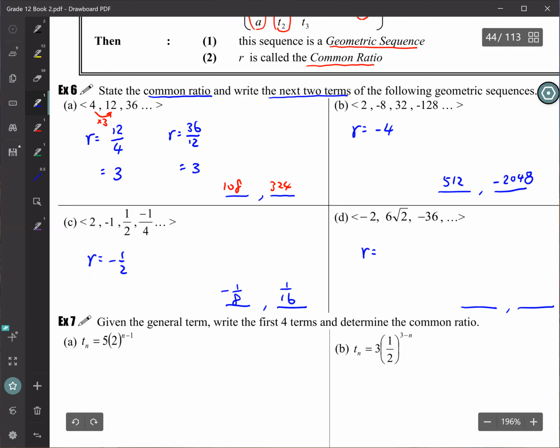Are you sure the sign's correct? Oh, it's 1/8 and -1/16. Yeah. Okay, because the fourth term is negative, so you change sign every time. Please raise your hand if you finish the last one too.